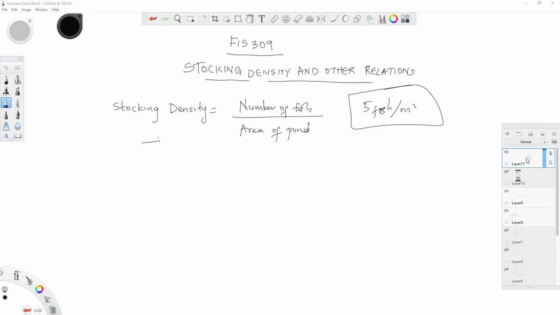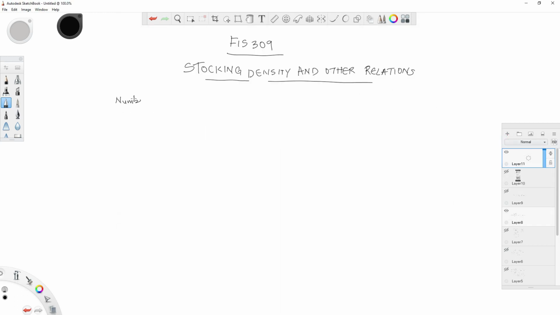Let me just write out the parameters. The number of fish that can be stocked in a 100 meter square pond if the stocking density is 300 per hectare.